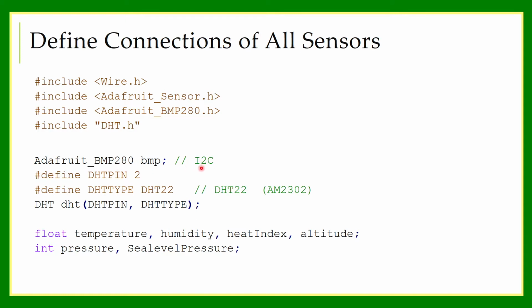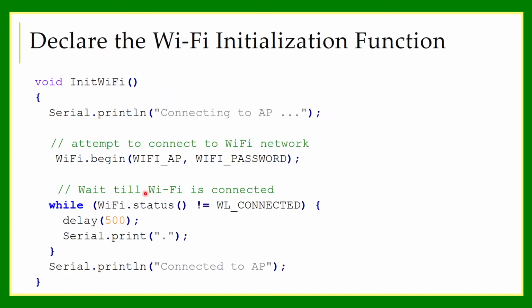This is on the I2C bus. Then this one is the DHT sensor, the DHT pin to which the sensor is connected, and the type of DHT sensor. That way you can instantiate this one. Then we declare our variables to store the values from the sensors. Then these are pressure and sea level pressure, again more variables.